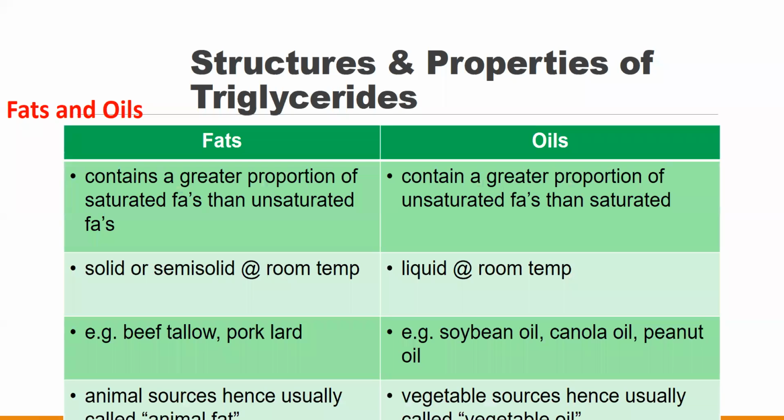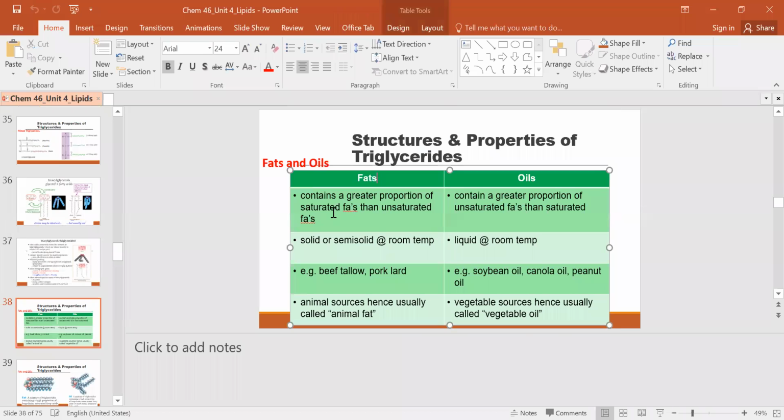So here, what is the difference between fats and oils? Animal fats and oils. Fats contain a greater proportion of saturated fatty acids than unsaturated fatty acids.